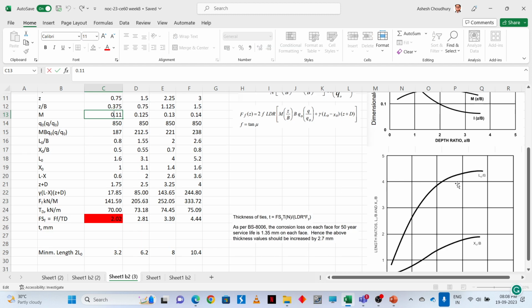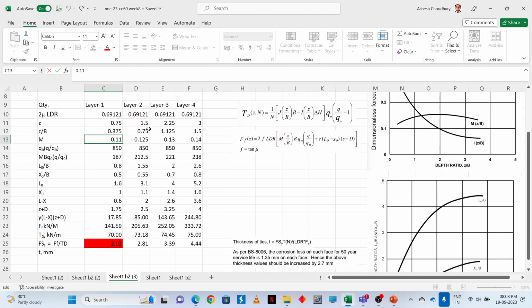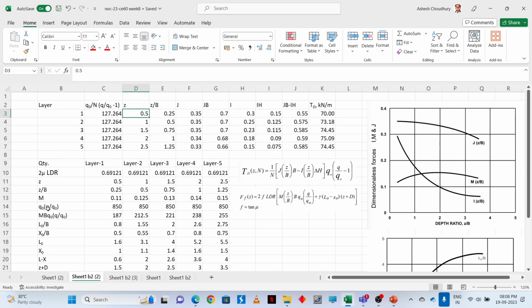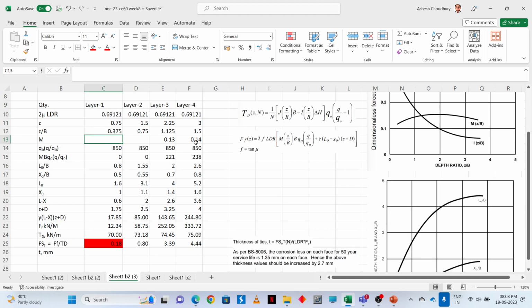M for 1.5 and 0.75. So 0.75 M. What was the M that we took? 0.13. For 1.5, what must it take?